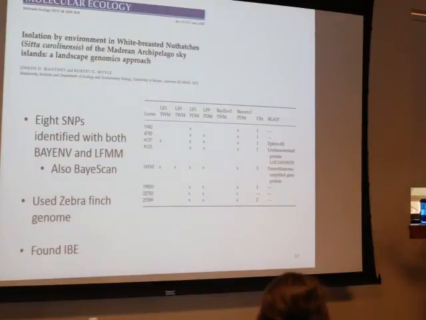So this is, I think, what we're going to be seeing more of: using these resources, either developing them yourself or tapping into these genomes that are available, and Paul talked about a lot of them, and doing annotations. And, no surprise, they found some isolation by environment.